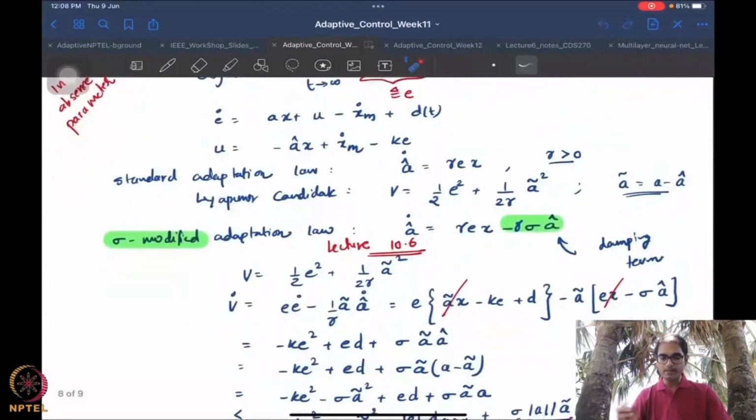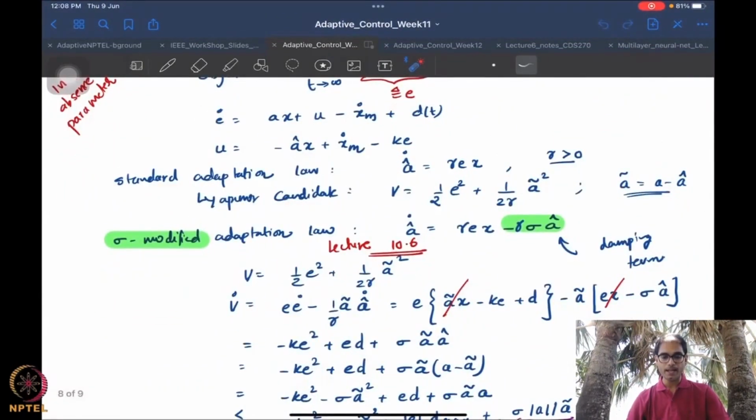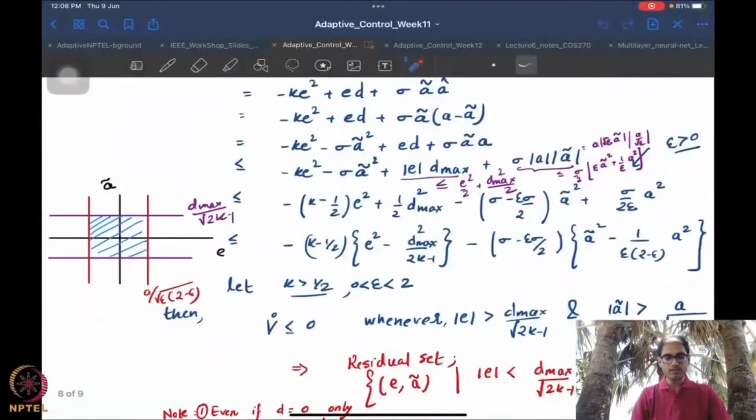The basic idea being that the standard certainty equivalence adaptive law is augmented with a damping term, which was not present in the typical certainty equivalence law, right? And what this damping term does is it creates a residual set in both A tilde, that is the parameter error, and the tracking error.